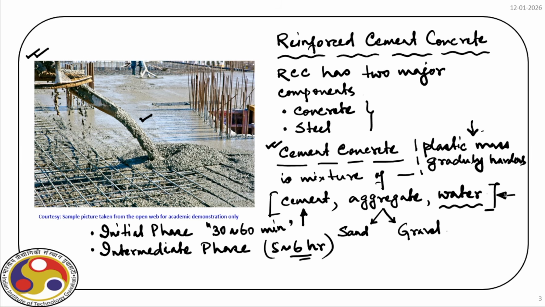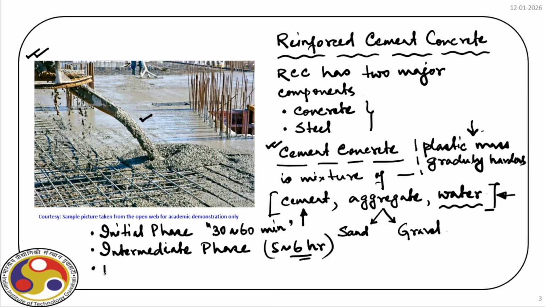But without those additional chemicals used in concrete, normally the intermediate phase stays around 5 to 6 hours. Now, during this period, what happens? During this period, concrete loses its flowing characteristics. It is not rock solid, but it actually gets the shape of the formwork and it does not flow.